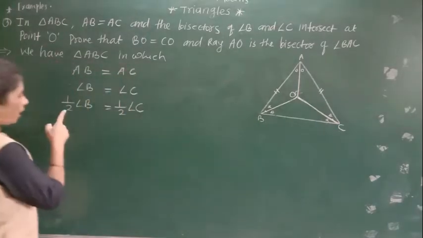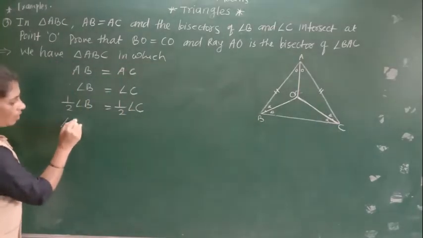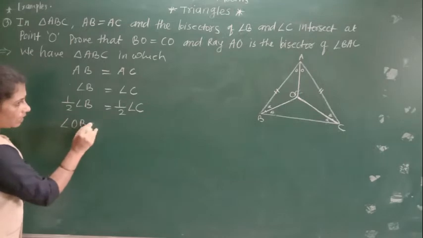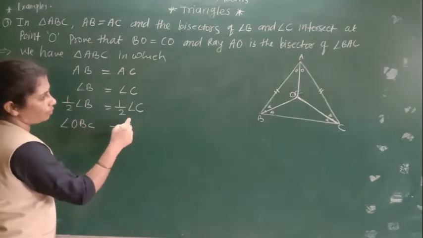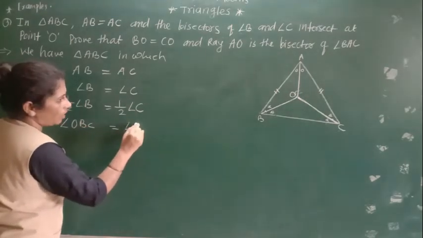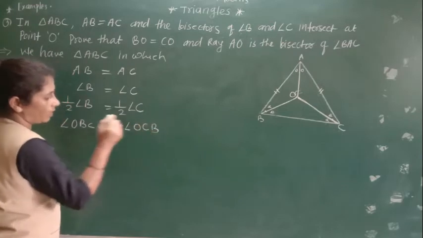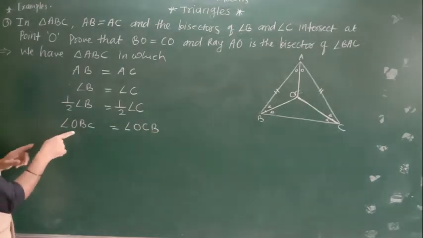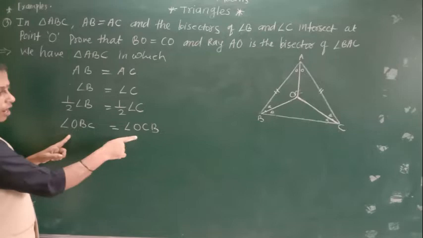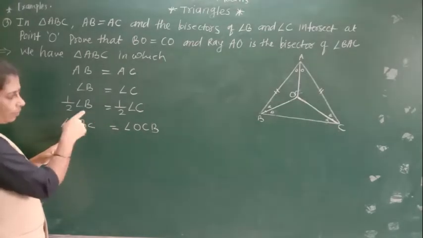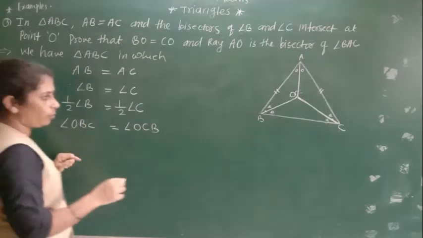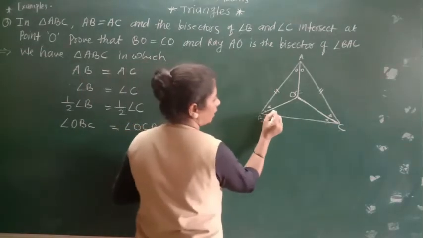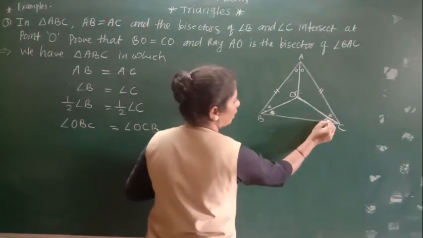Okay. So here half of angle B, which is angle OBC, equals half of angle C, which is angle OCB. Right. Now here half of angle OBC equals half of angle OCB. Right. From this we have written. Now angle OBC means which angle? This angle. Angle OBC equals angle OCB.